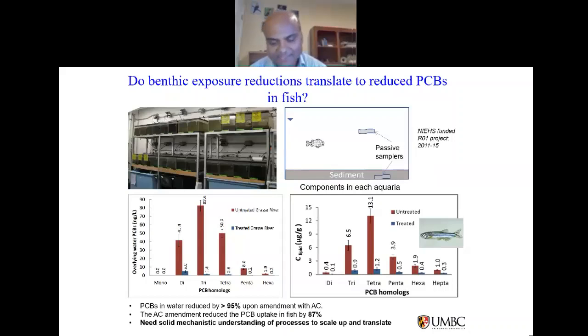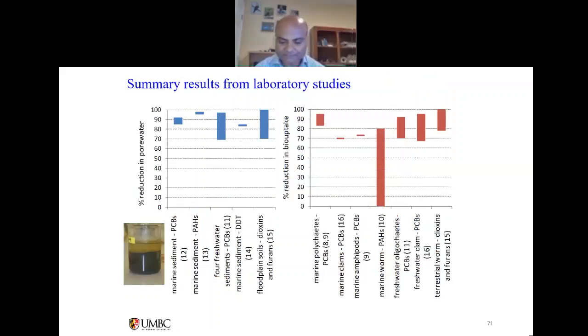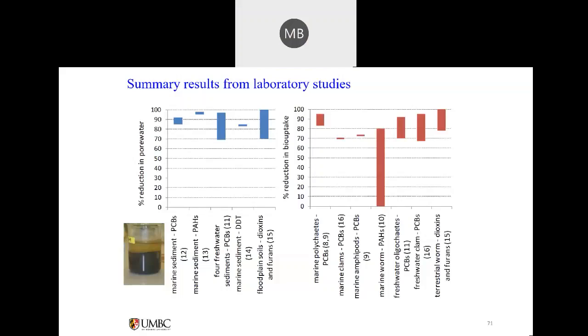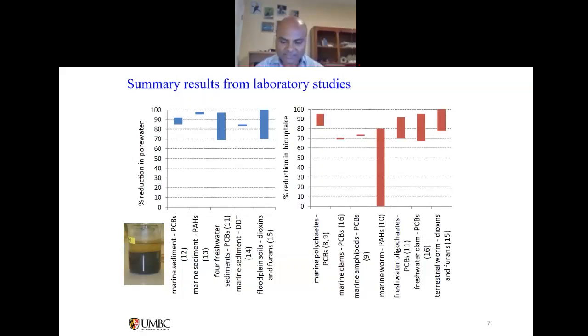Next slide, please. We and many others in the scientific community replicated these measurements for a whole range of contaminants: PCBs, PAHs, DDT, dioxins. The results were similar across many labs, many experiments, many different sediments and different chemicals.